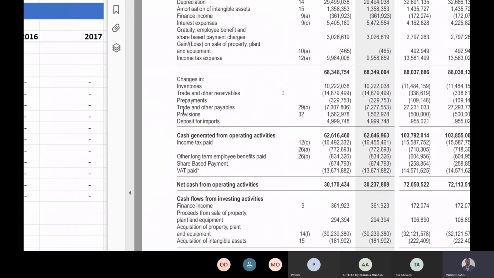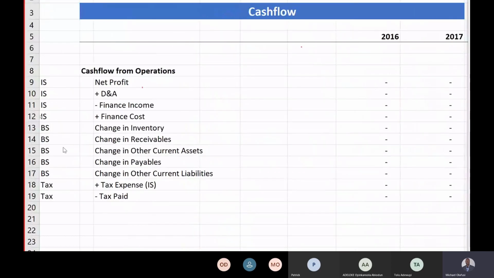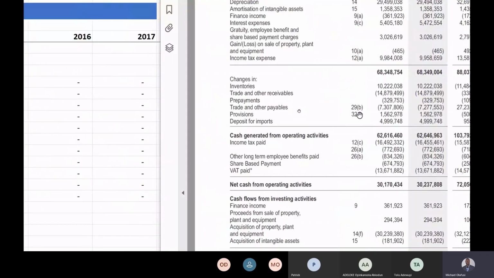Payable is current liability. Provisions, current liability. Deposit for import is current liability. Customer has paid you, and these imports are on their own side. They are the ones who got the money. So it will have come under other current liabilities for us anyway.